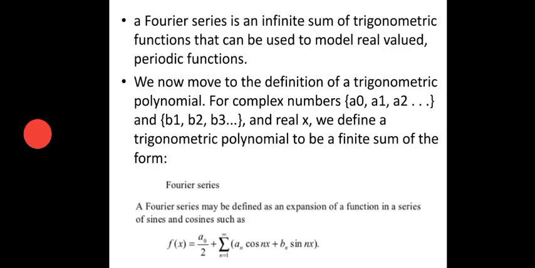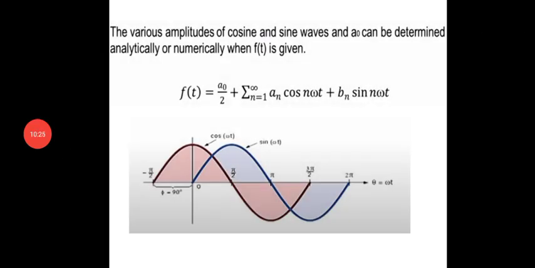The Fourier series can be shown as f of t is equal to a naught by 2 plus sigma n equal to 1 to infinity of an cos n omega t plus bn sin n omega t. You can see at angle 0, sin is 0 and cos omega t is equal to 1.